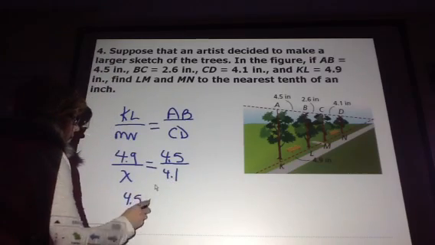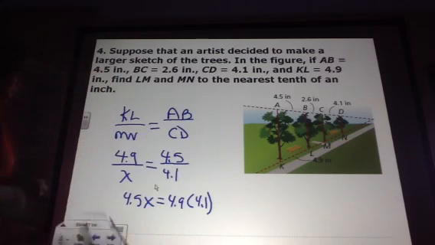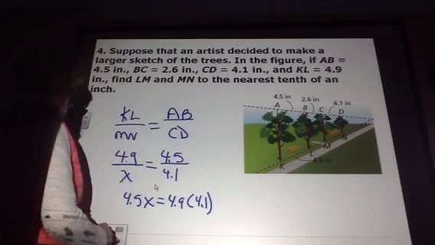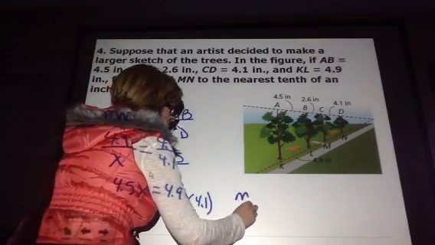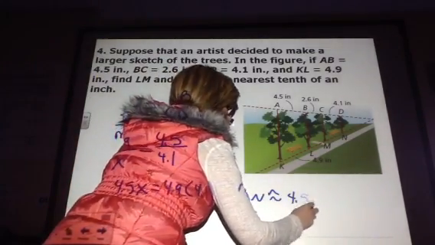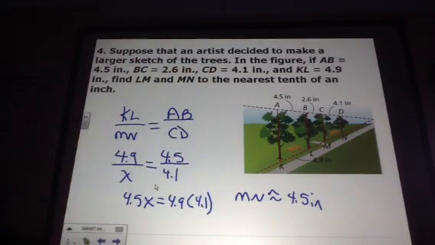Do your cross product. Divide by 4.5. And you're going to get MN approximately 4.5 inches. Double check that. For some reason, I don't know if I did my calculation right.